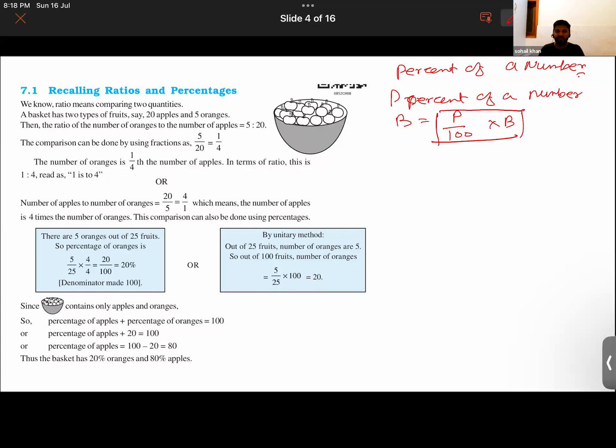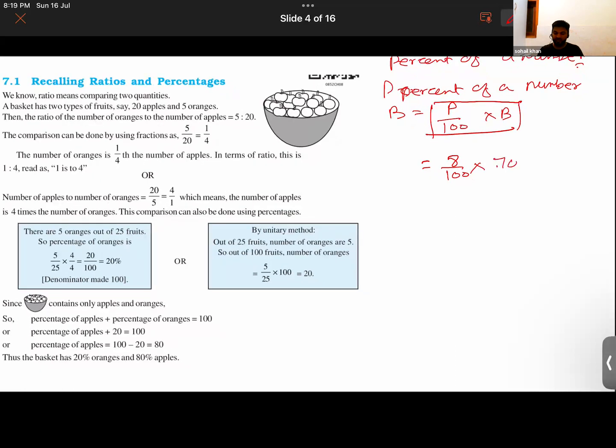So if you are given any number and you are required to calculate, for example, 10% or 8% of the number, you simply divide by 100 and then multiply with the whole number. For example, 8 upon 100 out of the whole number. Let's say it's 70 kg.